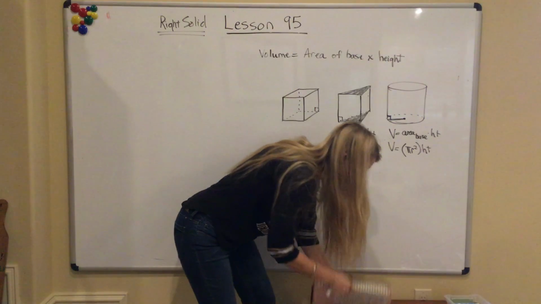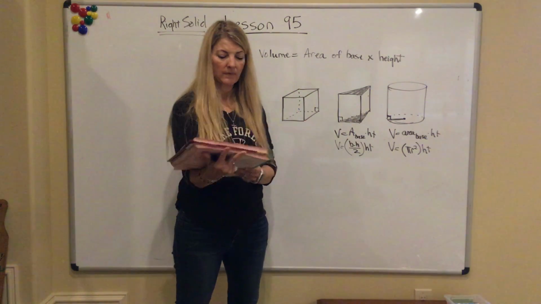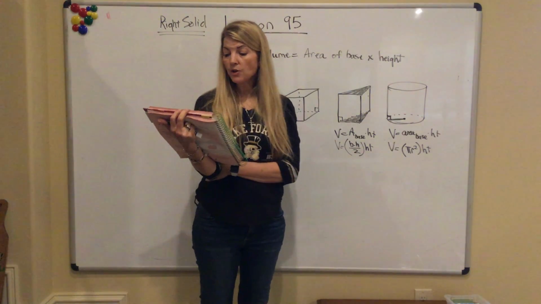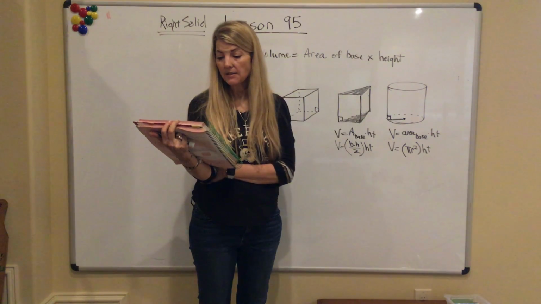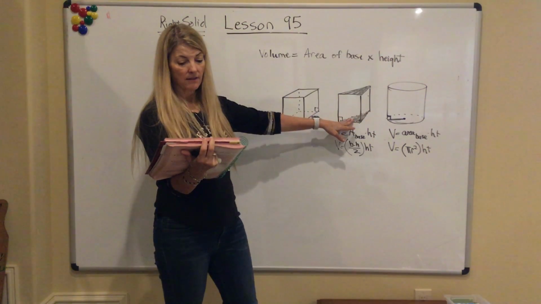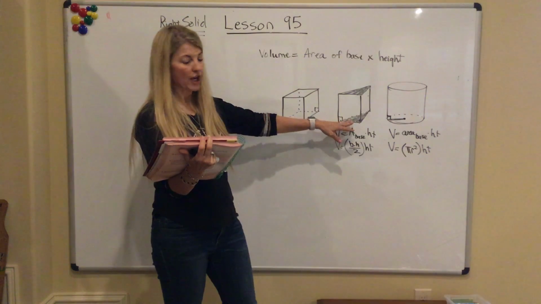Now, if you look in the book on page 651, the first example says, find the volume of the right triangular prism below. Dimensions are in centimeters. The base of a solid is a particular shape.